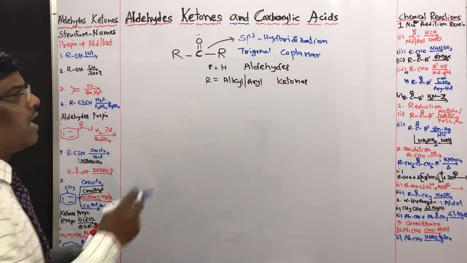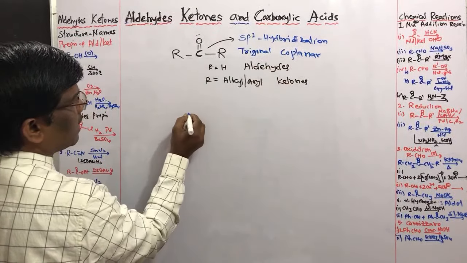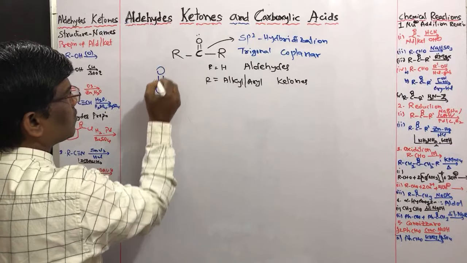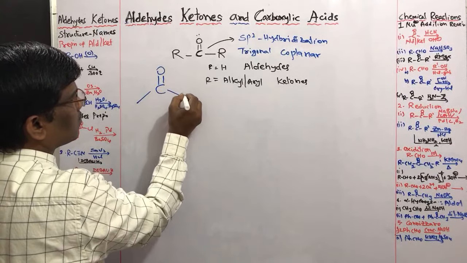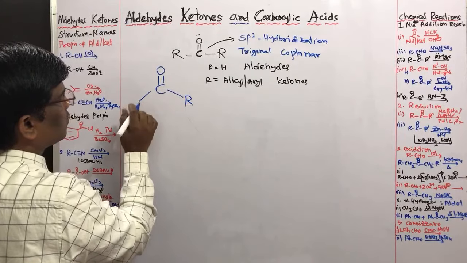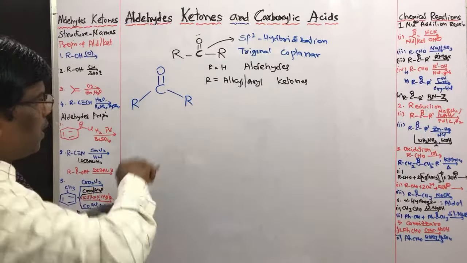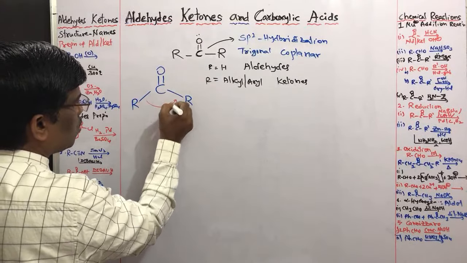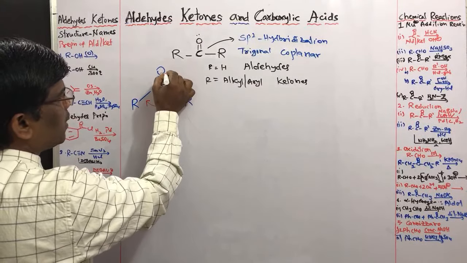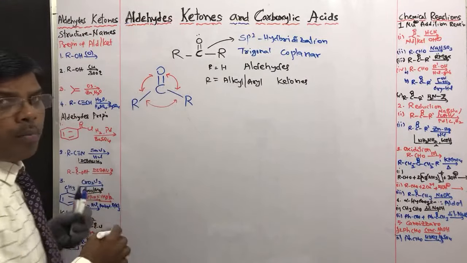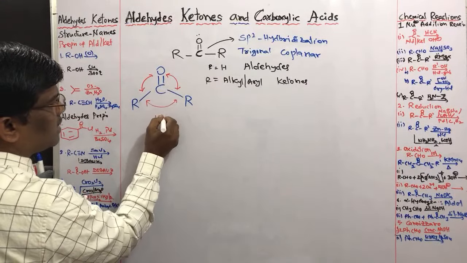Since it is planar, the bond angle between these two substituents, or between this and this, is about 120 degrees.